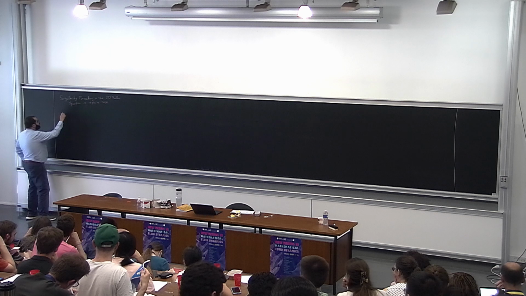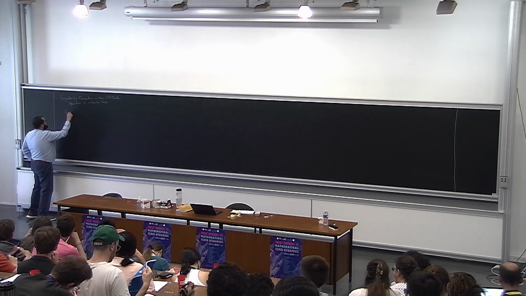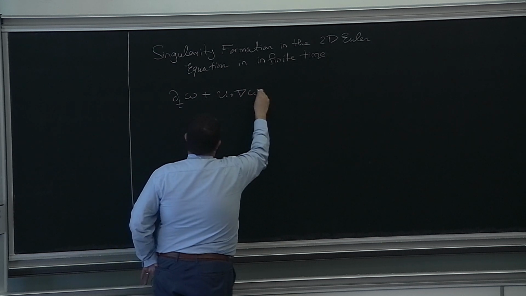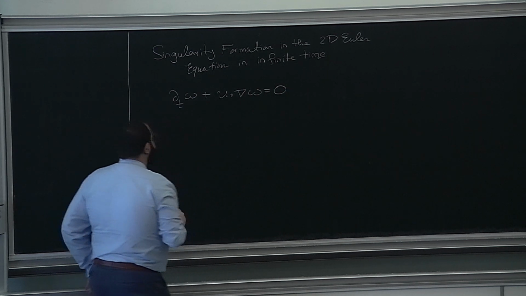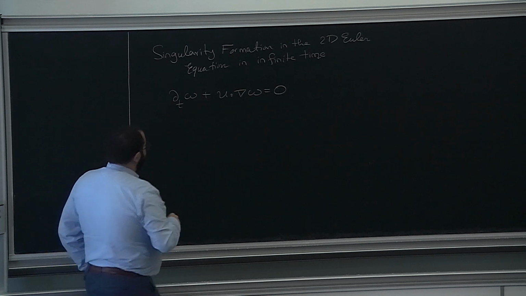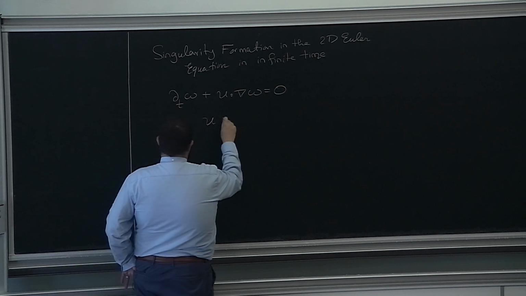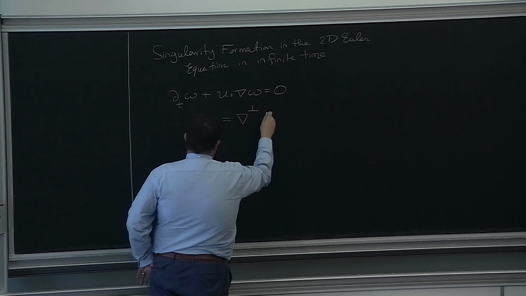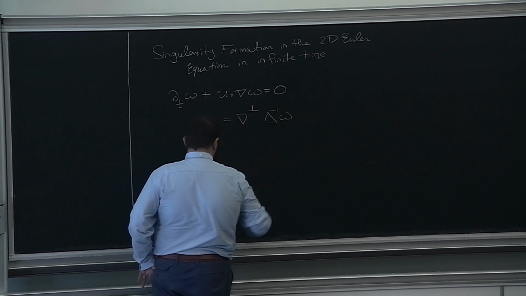Yeah, so the 2D Euler equation, as we all learned last week, I hope, is a nonlinear transport equation. So vorticity, and u is determined by the Biot-Savart law.